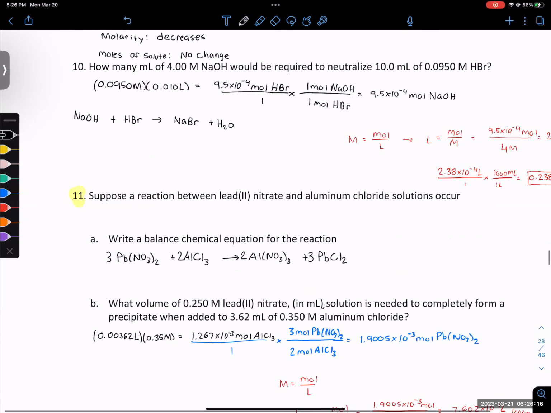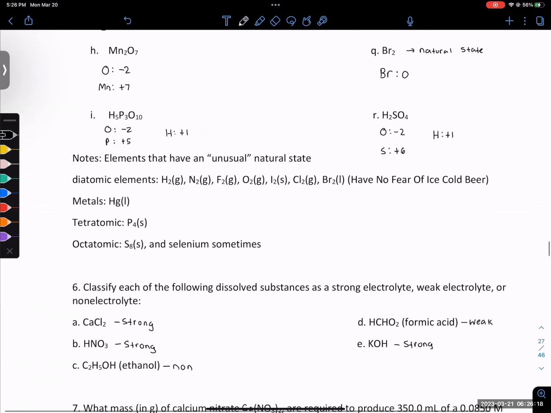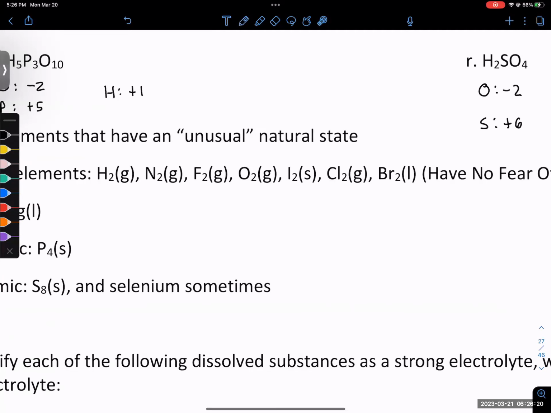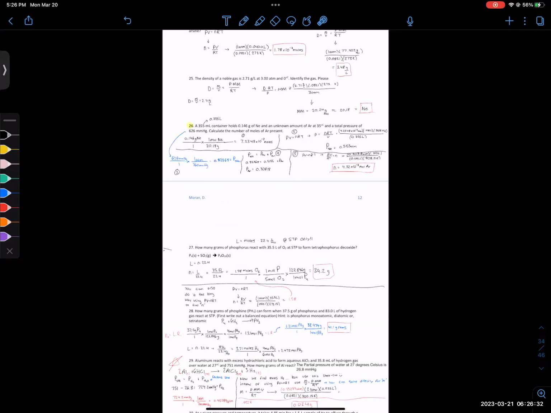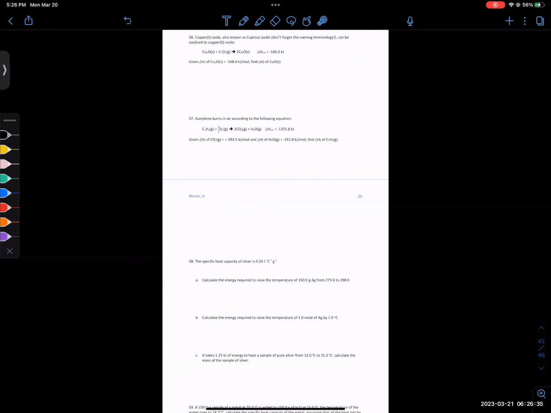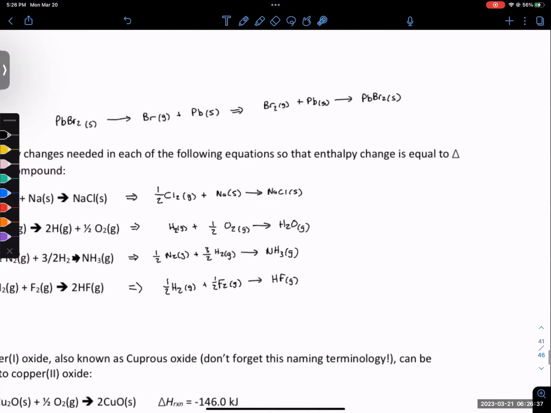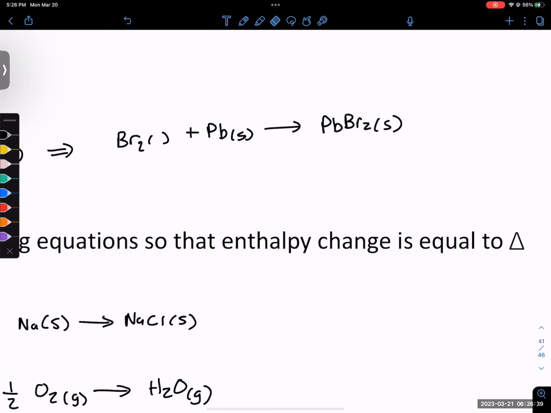Yeah, so I put this up here. It's on the PDF for you as well. It gives you all the natural states of your diatomic elements. We see that iodine in its natural state is a solid, chlorine is a gas, and bromine is a liquid, not a metal. So with that, we should change the physical state of bromine to liquid. And that's it.